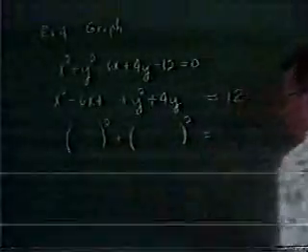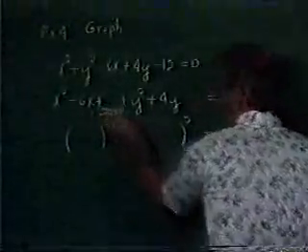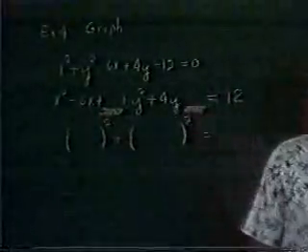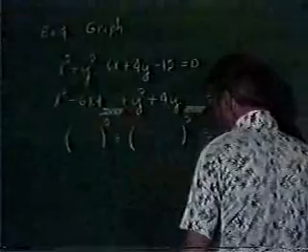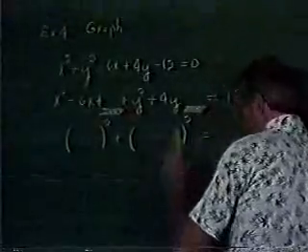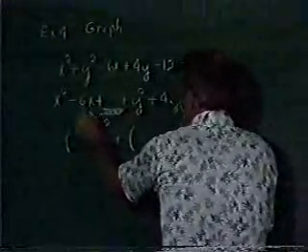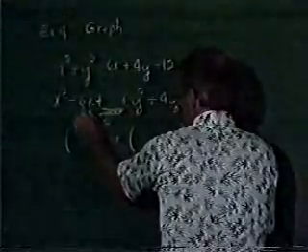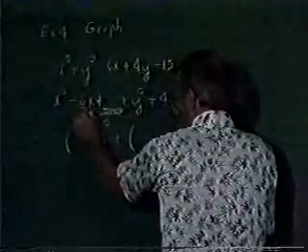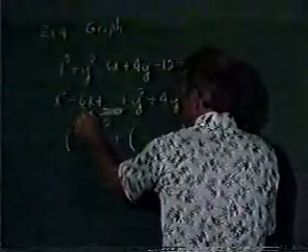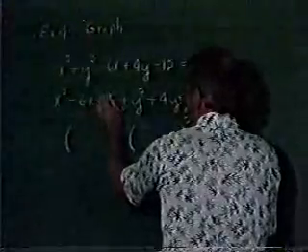That's a circle. So what we need to do then is to add something here and here. Now remember, if I add anything, I've got to add it to this side also. But what do I add here to complete the square? Rule is divide this by 2, divide it by 2, and that's what you're going to put here, squared.